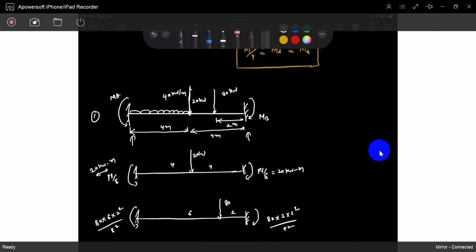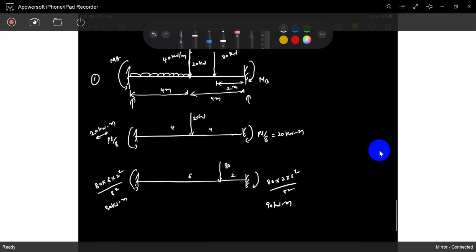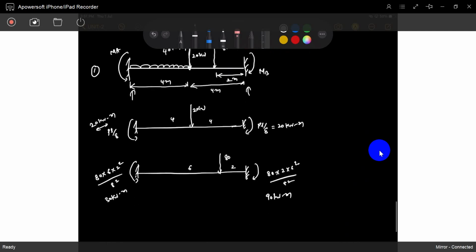So 80 multiply with 6 multiply with 4 divided by 64. It is 30. And 80 multiply with 2 multiply with 36 divided by 64. This is 90. Understood? That's it.